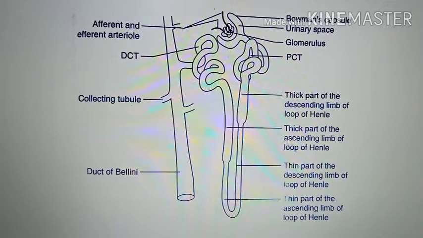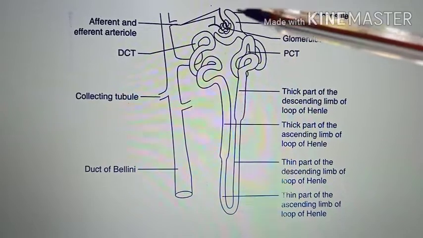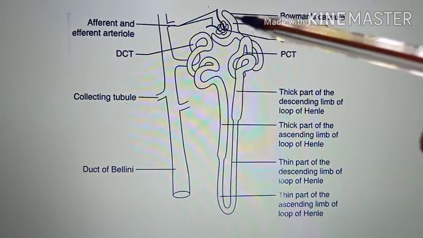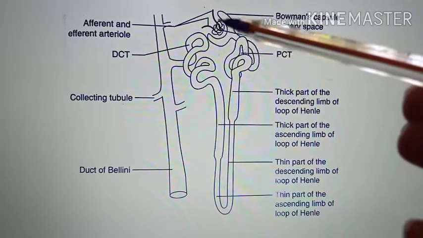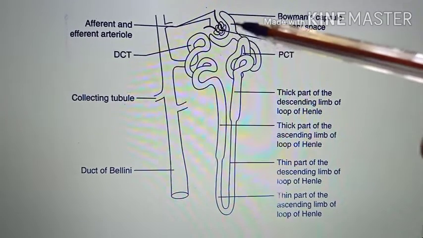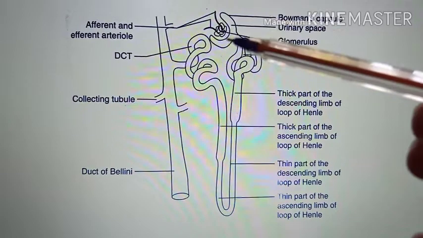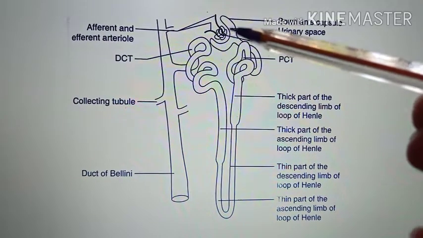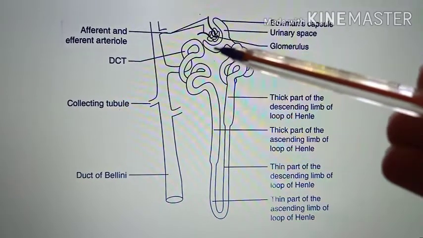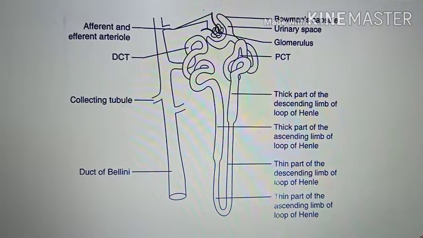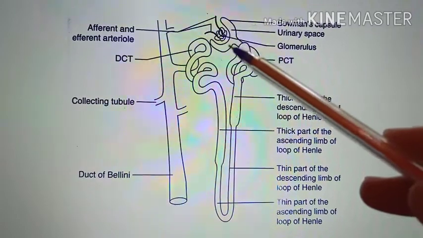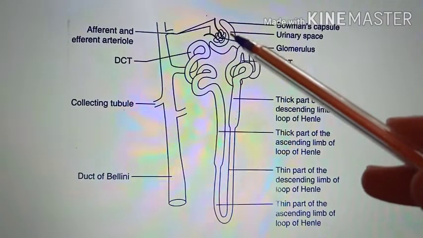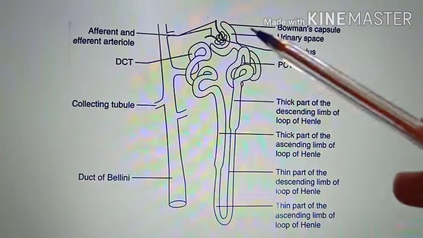It consists of two layers: the outermost, the parietal layer, and the innermost, the visceral layer. The space between the outer parietal and inner visceral layers is called the urinary space, also called Bowman's space.